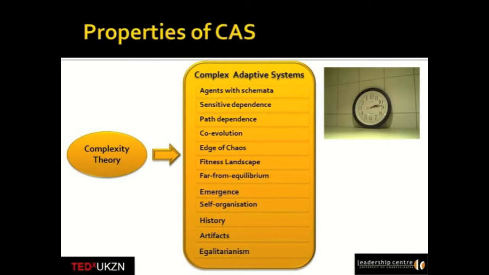Complex adaptive systems have the property of emergence. These systems have emergent properties, meaning that the properties of the system arise as a result of the relationship between the parts. Those properties do not reside in the parts themselves, but are a result of the interrelationships. A simple example is water: 2 hydrogen, 1 oxygen.